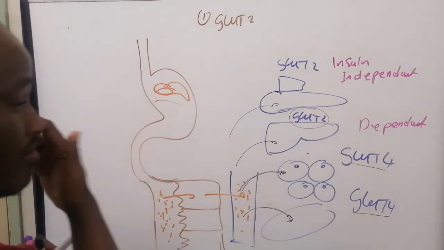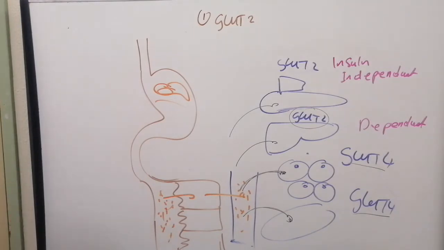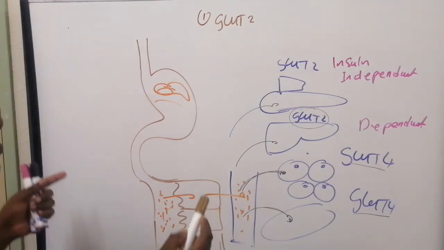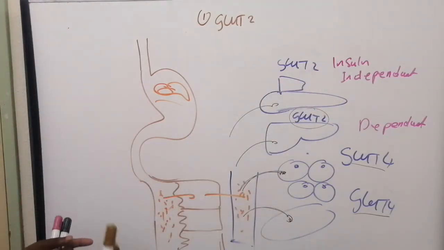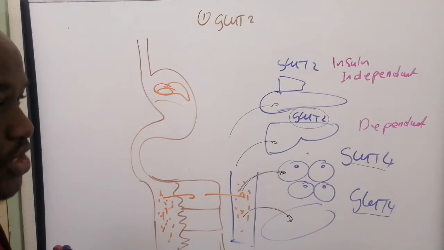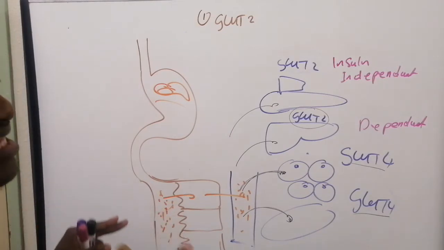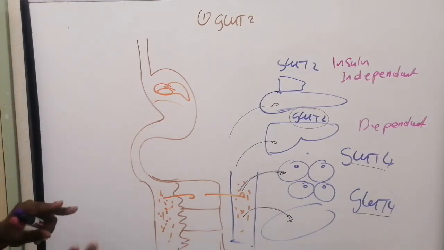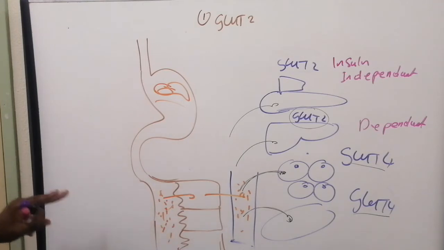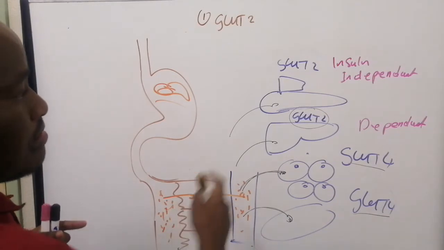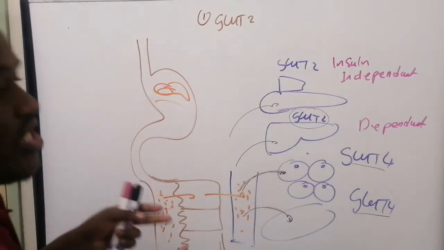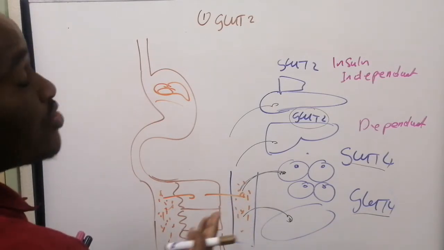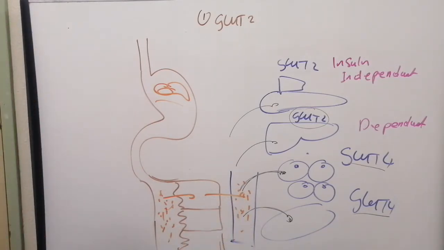So maybe a genetic problem that destroys or makes the GLUT2 not function, you will have a problem sensing glucose. But I have not seen anything like that in literature. But by just looking at it and trying to understand, you can actually get diabetes, because if you can't sense glucose using the GLUT2, the beta cells won't be able to initiate the necessary steps to release the insulin, right?